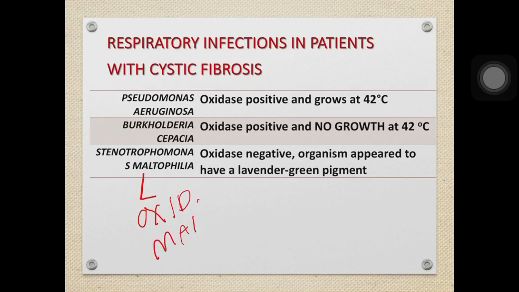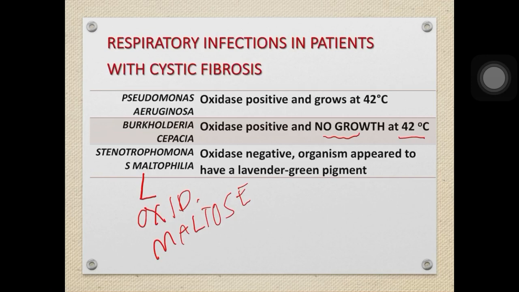Paano po i-differentiate ang Pseudomonas aeruginosa from the three? Ang Pseudomonas, it is oxidase positive and will exhibit growth at 42 degrees Celsius. Pseudomonas cepacia or Burkholderia cepacia, oxidase positive, but unlike Pseudomonas aeruginosa, it does not exhibit growth at 42 degrees Celsius. Remember, sino lang po yung Pseudomonas that will exhibit growth at 42 degrees Celsius?